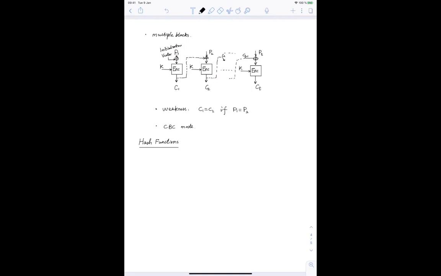For hash functions, it takes some input and gives out an output, and the input has a variable size, and the output has a fixed size.